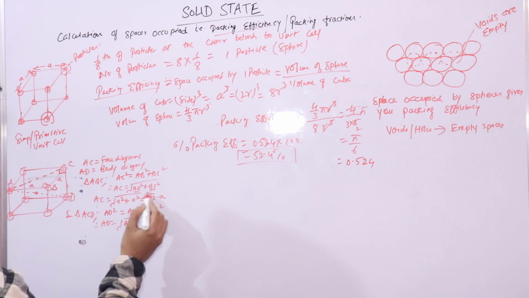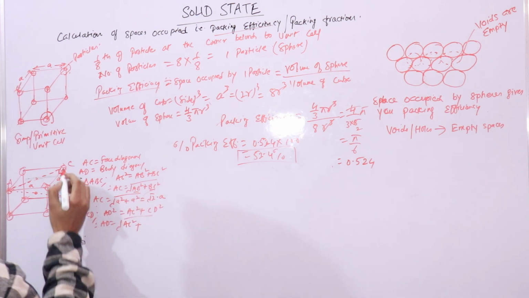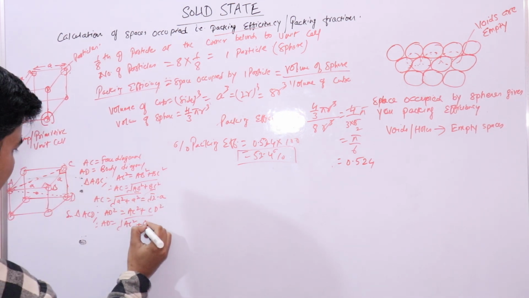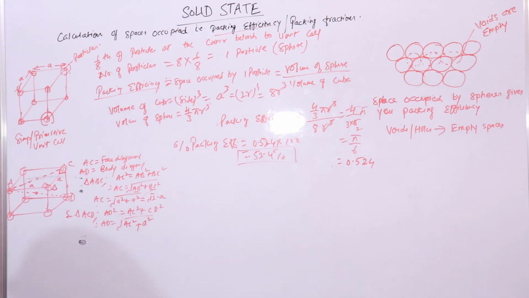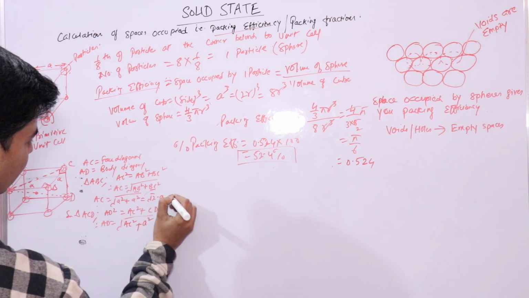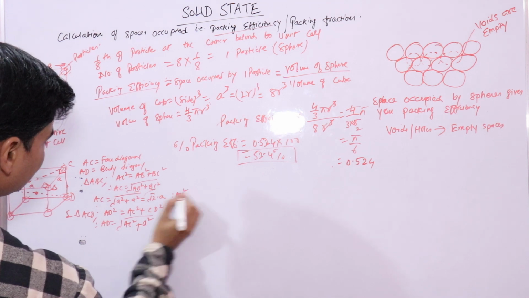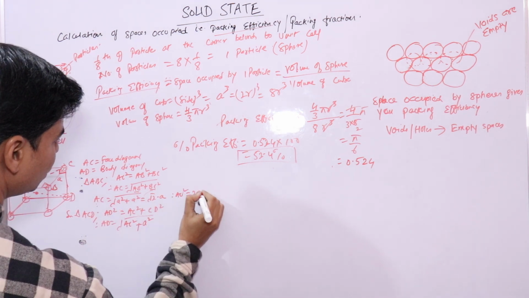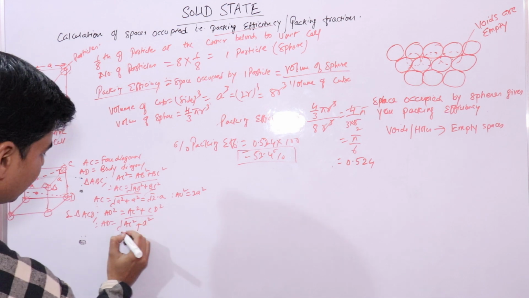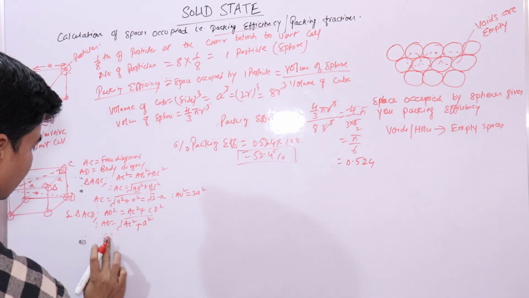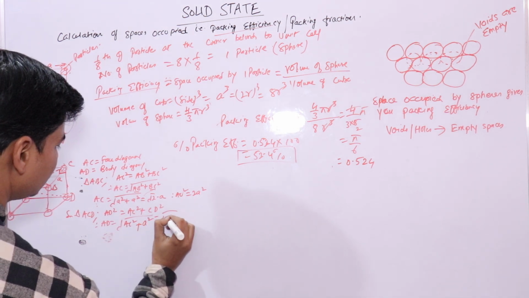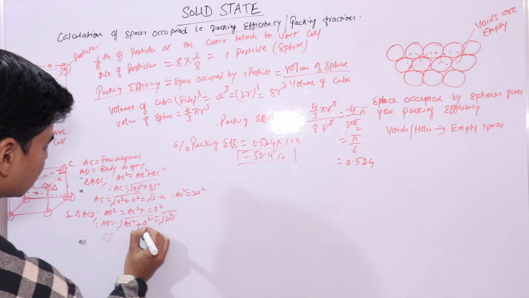AC is equal to under root 2 a, plus CD. CD is this, which is your a, right? So AC square is equal to 2a square, and AD square is equal to 2a square plus a square.